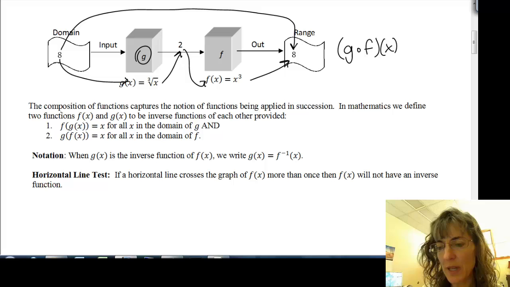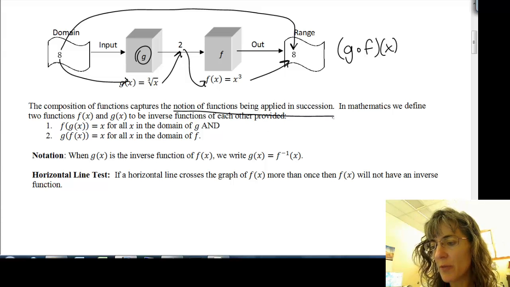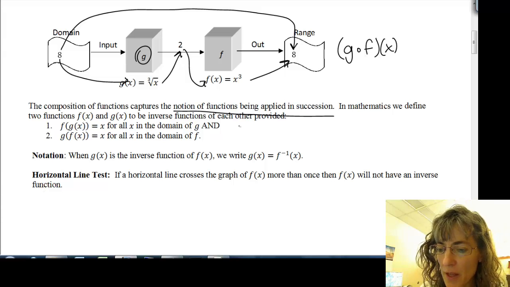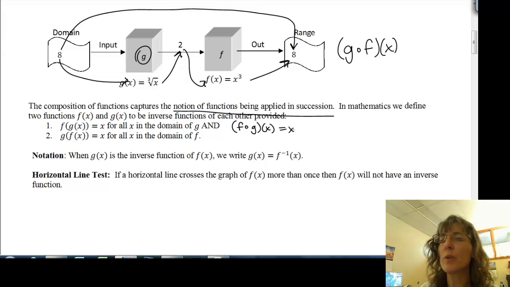And here that is formally the composition of functions, applying the two functions in succession. In math, if we have f and g of x and we say they're inverses, then two things have to be true. If they are inverses truly, then if we do f of g of x, we should end up with x. So whatever we put in, we come out with that same number.